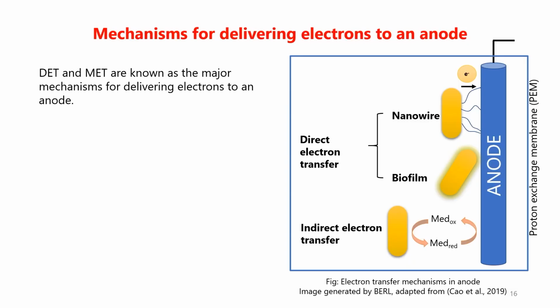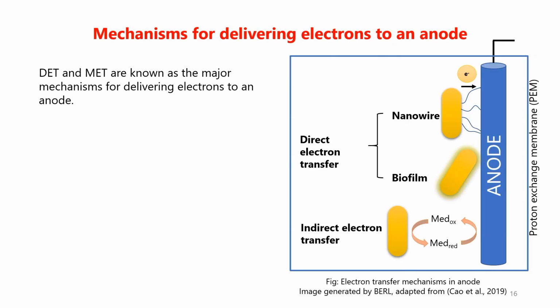So, what is the mechanism for delivering electrons to an anode? There is direct electron transfer and mediated electron transfer, MET, which are known as the major mechanisms for delivering electrons to an anode.